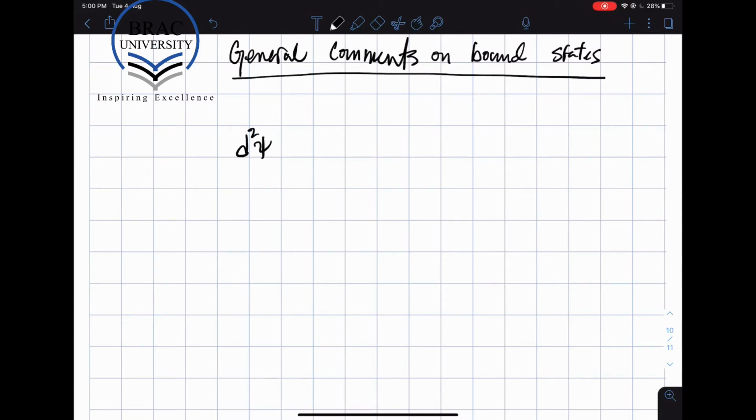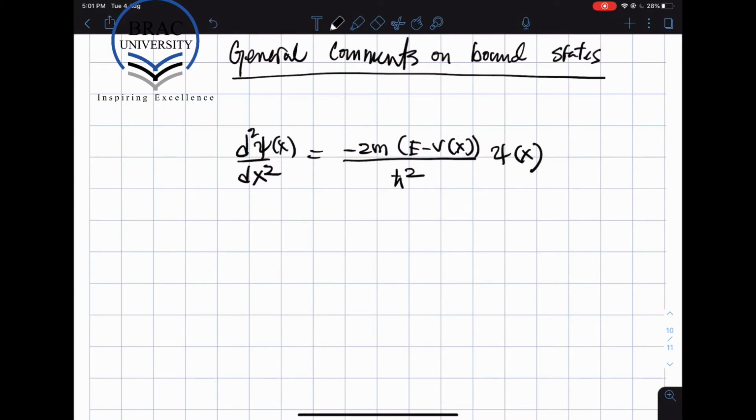It has this form. Now, in many cases, because the potential V of x has some complicated form, you cannot solve this equation exactly.